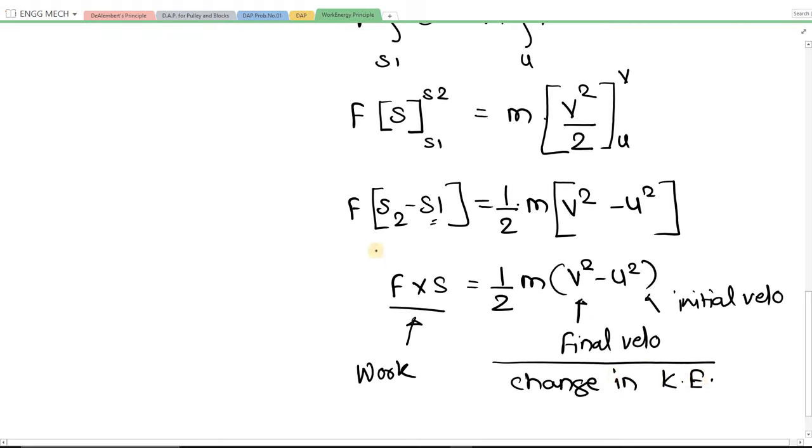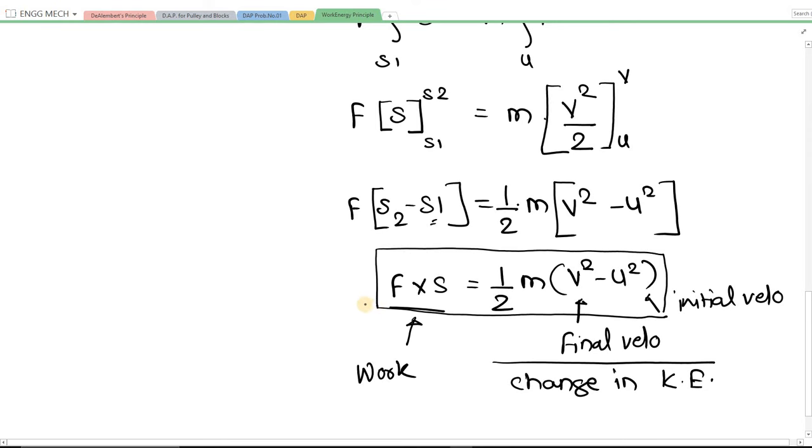Therefore this is the required expression that we quoted at the start of this topic, the work energy principle: force into displacement is equal to half m into v square minus u square. That is, work done in a system will always be equal to the change in kinetic energy of that system.